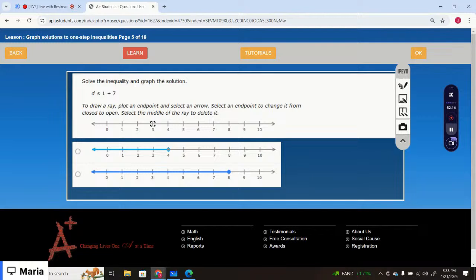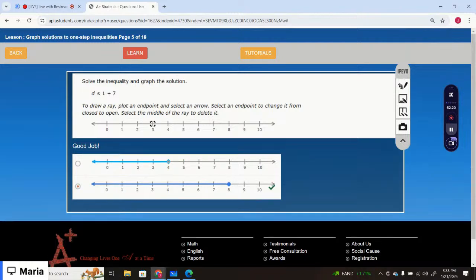That is D is less than or equal to 8, so option number 2 is the correct option. Very good.